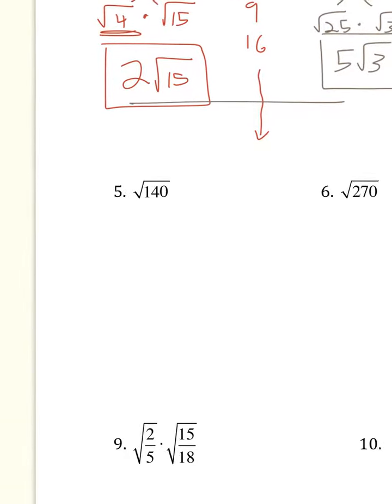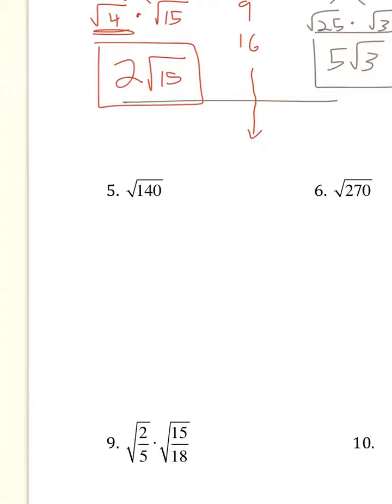Alright, number 5. Square root of 140. Zoinks. 81 doesn't go. Work my way backwards. 64, no. 49, no. 36, no. 25, no. 16 does not. 9.